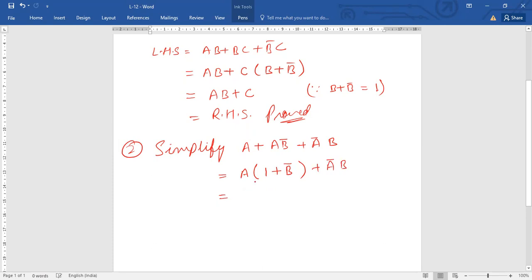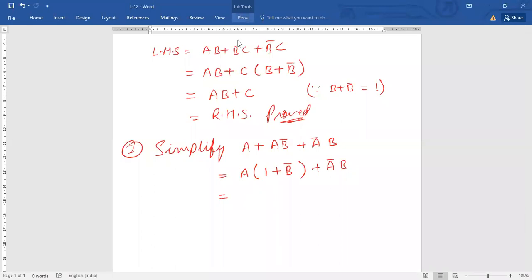What is the value of 1 plus b bar? 1. Sir, 1. So 1 plus b bar will be equal to 1.